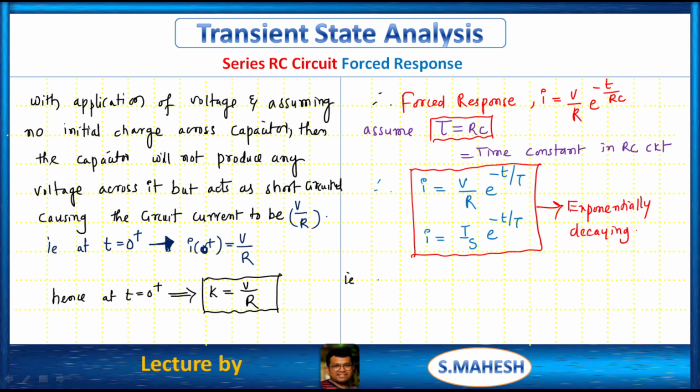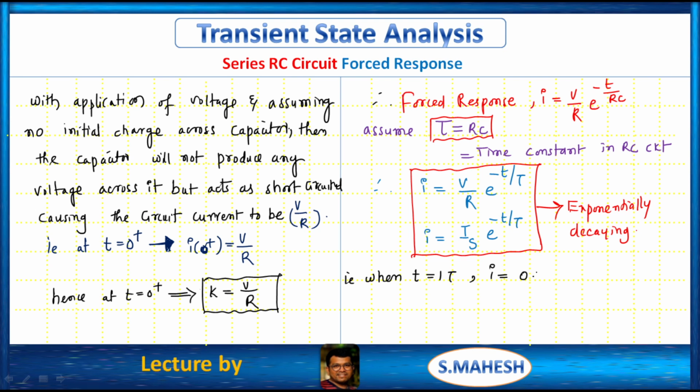That is, when t is equal to 1 tau, what is the value of current? I is equal to what?